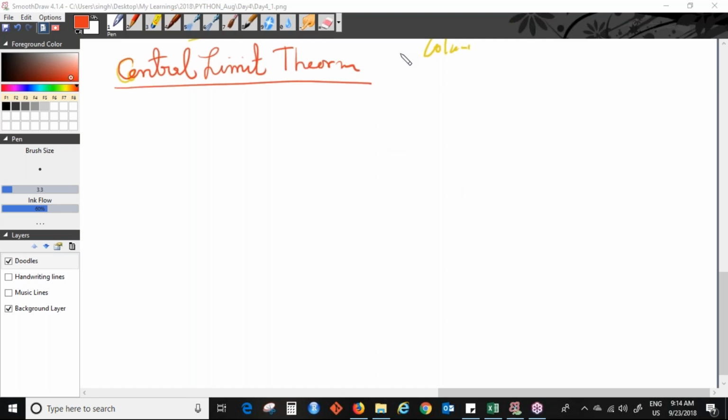The central limit theorem is the most important theorem in all of statistics. I will first discuss the theory of the theorem, and then I will prove it in Python using some code. It is very easy. It's not a difficult theorem.